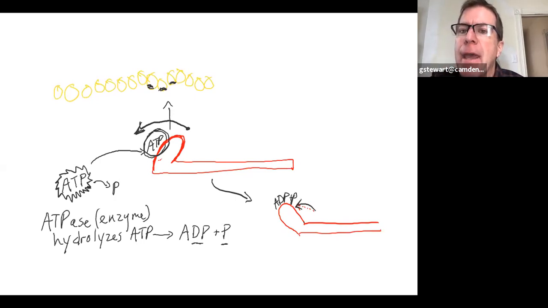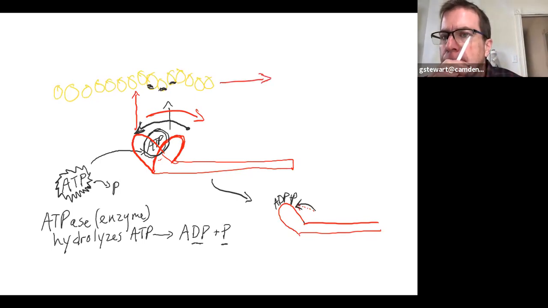Now, the head that's cocked like a gun looks like this. When it reaches up and grabs this molecule, it has the energy to pull forward this way, and the actin molecule gets pulled. So that happens.